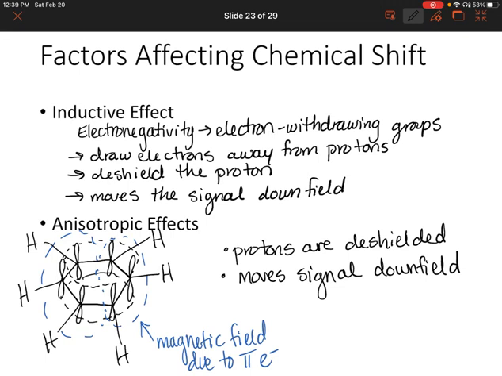Now, you don't necessarily have to remember all of these little details, but just be aware that that's why peaks show up in different areas on our NMR spectrum. It has to do with either electronegative atoms drawing electrons away from the protons, or this magnetic field from our delocalized electrons.